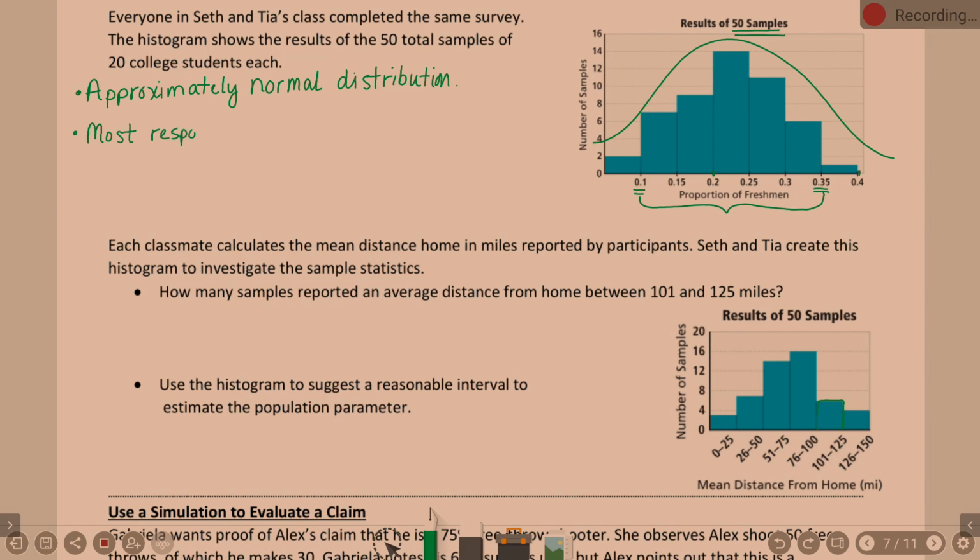Most responses fall between 0.1 and 0.35. So you can expect the proportion of freshmen to be between 0.1 and 0.35.